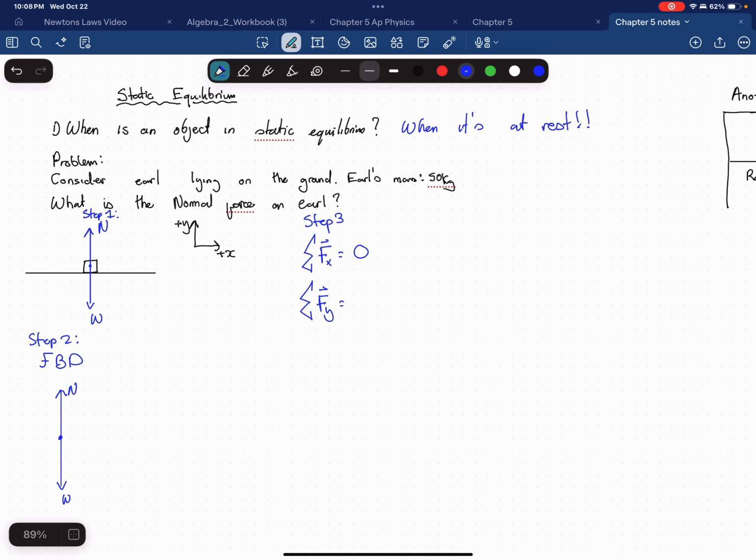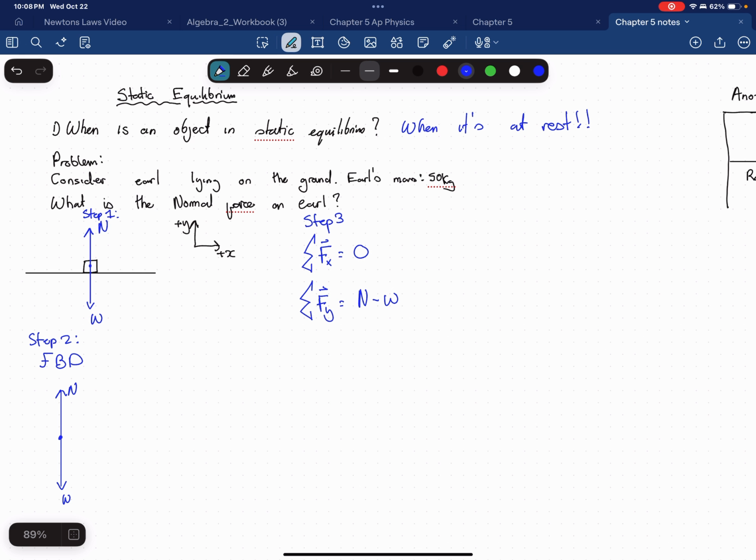Now, what about the y direction? In the positive y direction, we have the normal force, but my weight is pointing down, opposite to the direction of positive y, up on my coordinate system. So it's going to be negative y.